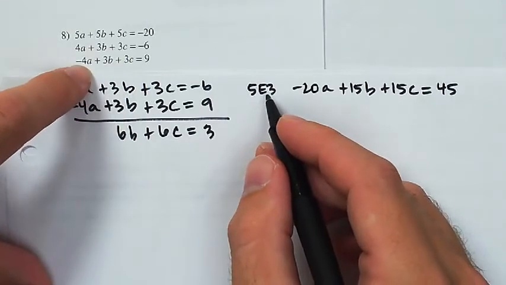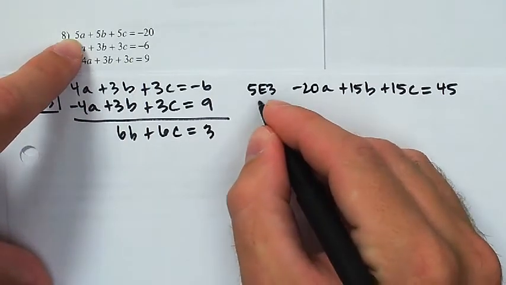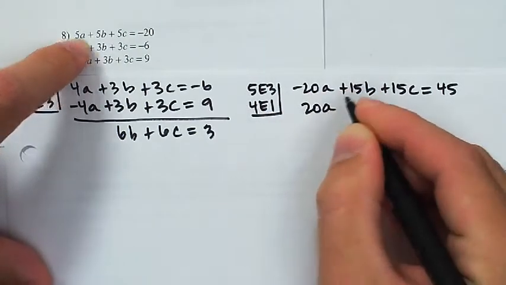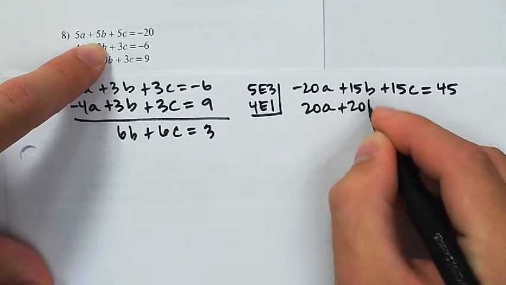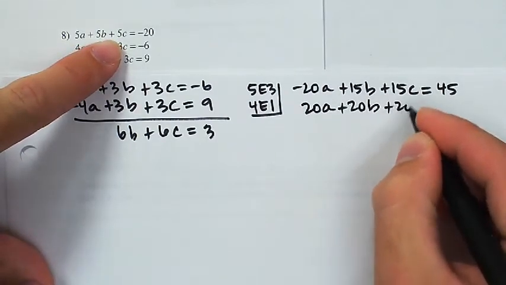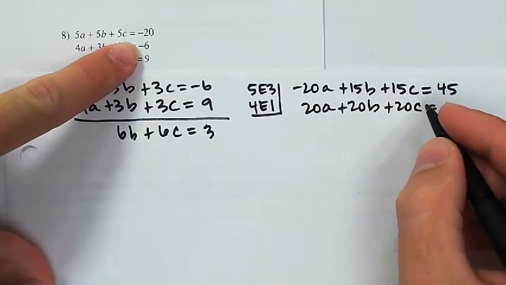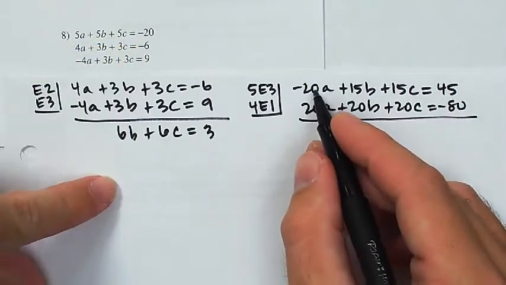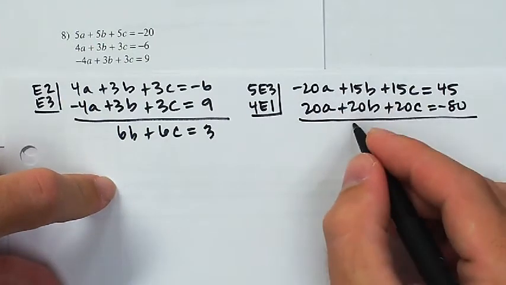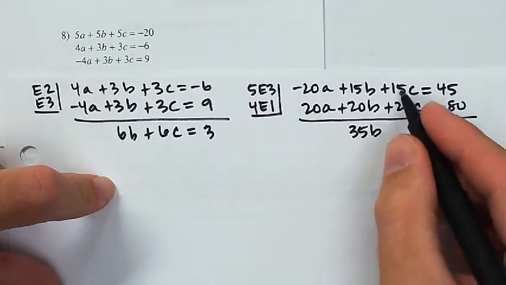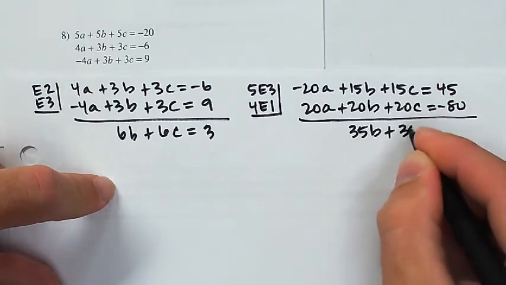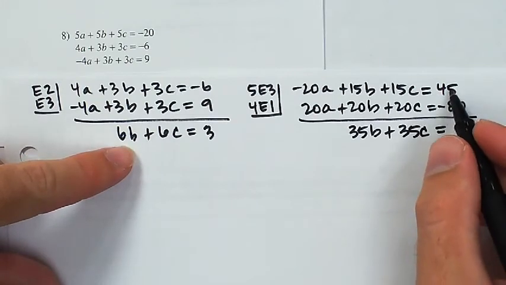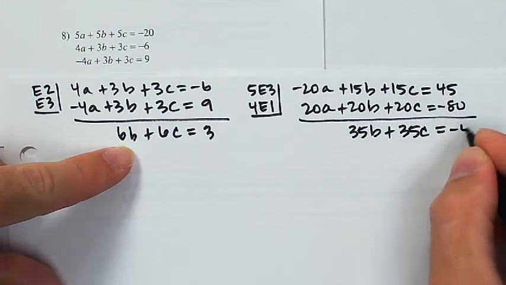And then 4 of equation 1 is going to be 20a, 20b, 20c equaling negative 80. Okay, I put all this together, I get no a's, 35b, 35c equaling negative 45.